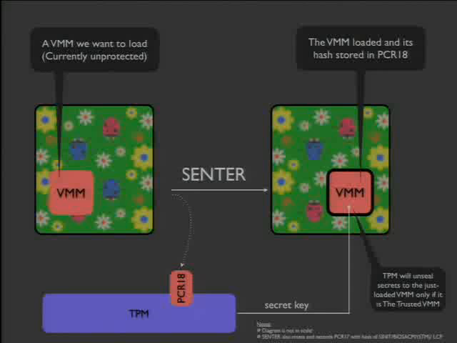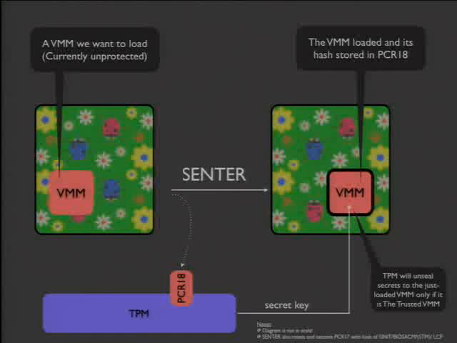So it places the hash of the VMM into PCR18, then secures the memory, and then hands execution to this VMM, no matter if the VMM has been compromised or not. So SENTER does not check the value that is in PCR18. Whether it was or it wasn't compromised, the VMM will get execution and will get protection.